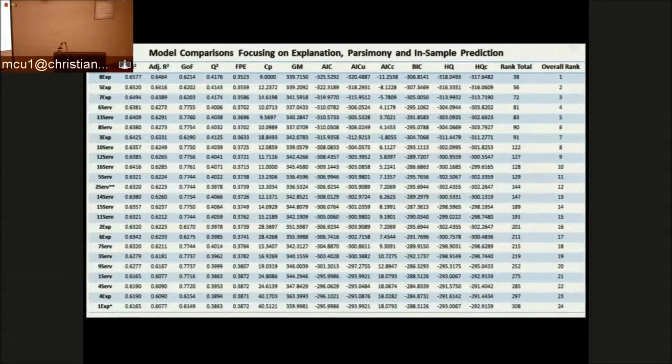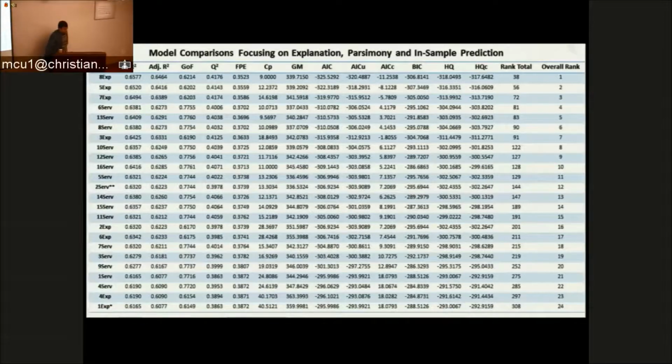So I just calculate the rank of models based off of each of these criteria, and then I add the rank totals and arrange them in increasing order. That means that this model comes out tops in terms of all these criteria taken together. If I took a vote of all these criteria, that model was the topmost model.